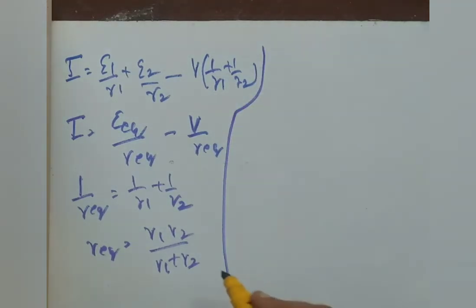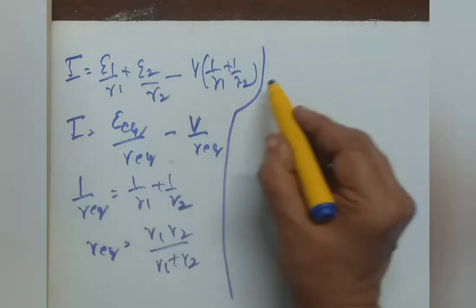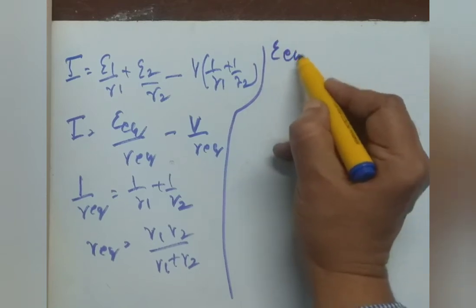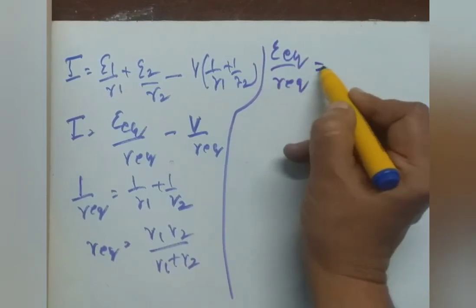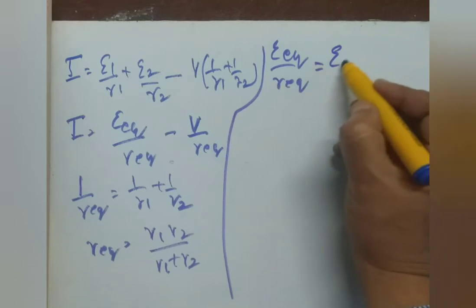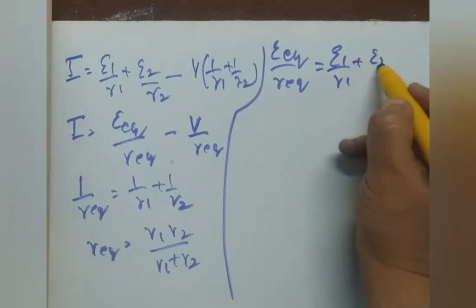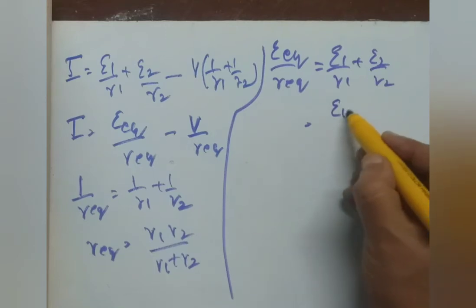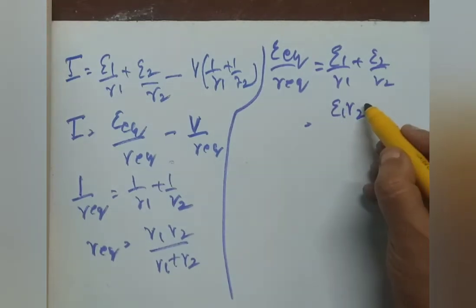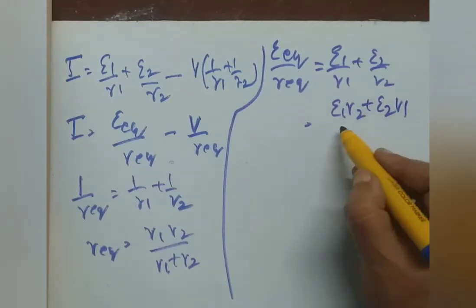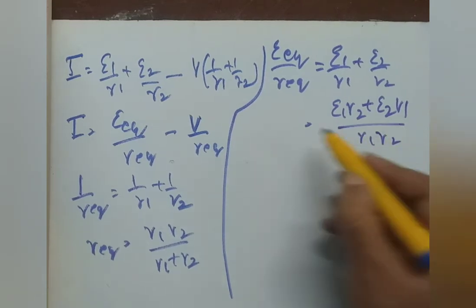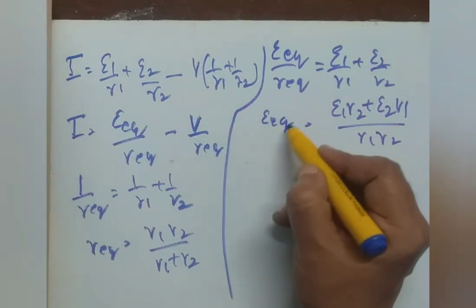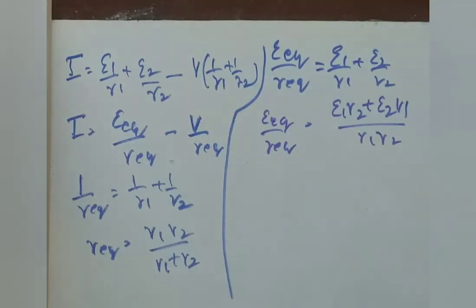In the same manner now, comparing the first term, E equivalent by R equivalent as E1 by R1 plus E2 by R2. Now rearranging the terms or taking the LCM, E1 R2 plus E2 R1 by R1 R2 is E equivalent by R equivalent.